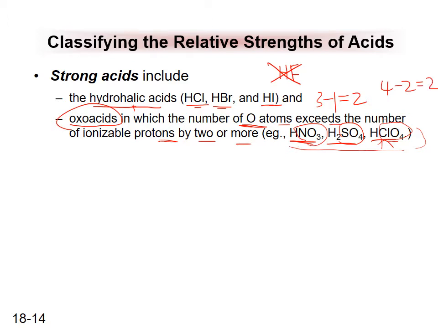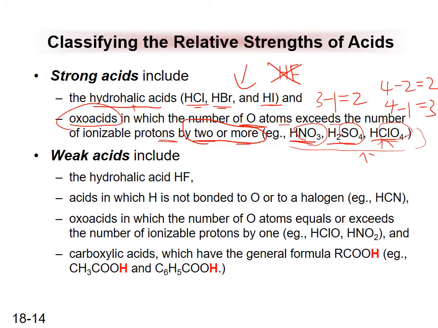In perchloric acid, 4 oxygen minus 1 hydrogen equals 3. So they all are 2 or more, so they are strong acids. Again, remember group 7 and the 3 oxo acids. They are very strong acids.